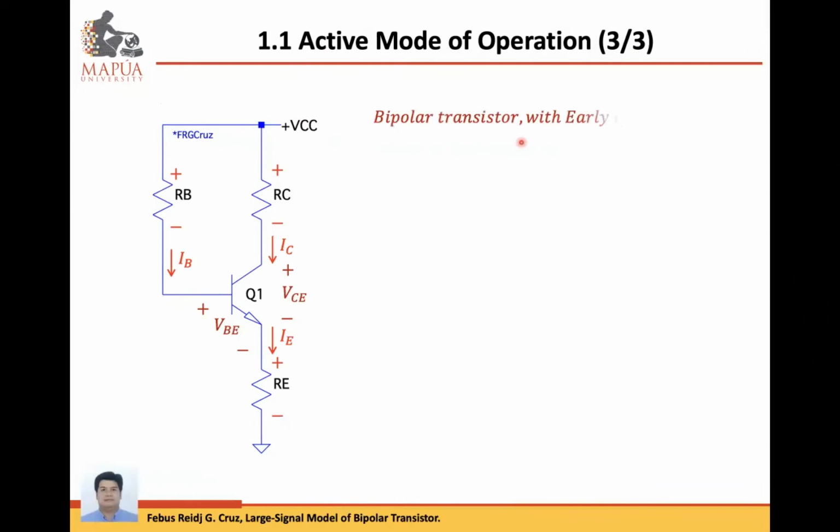But if we consider the early effect, this will be the model or equation for the transistor. So you have IC equal to IS times exponential of VB over VT, all multiplied by 1 plus VCE over VA, where VA is the early voltage. Okay, nasundan ba? Yes, po, sir.